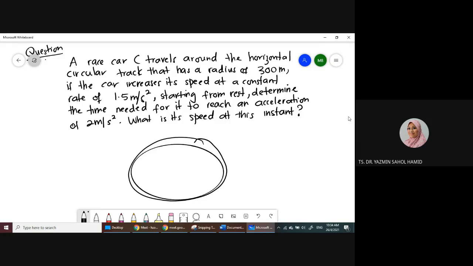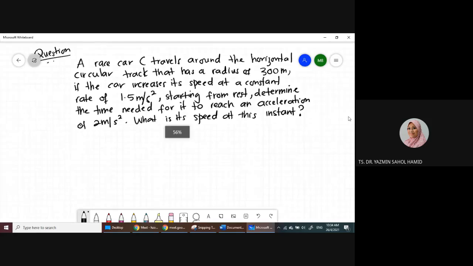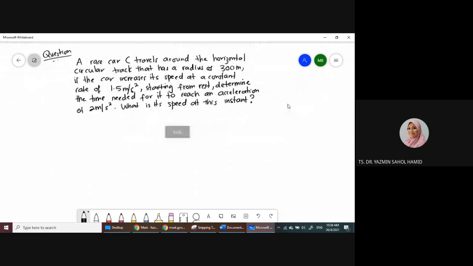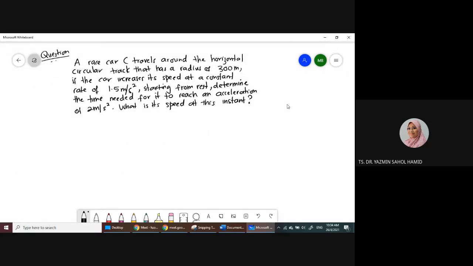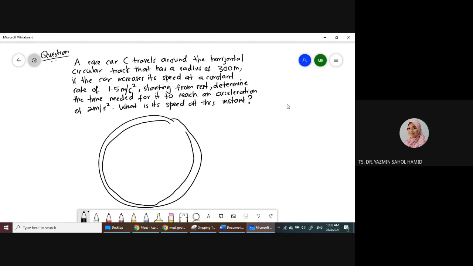Okay, make sure you draw a nice roundabout circle. Let me try again. All right, good enough.